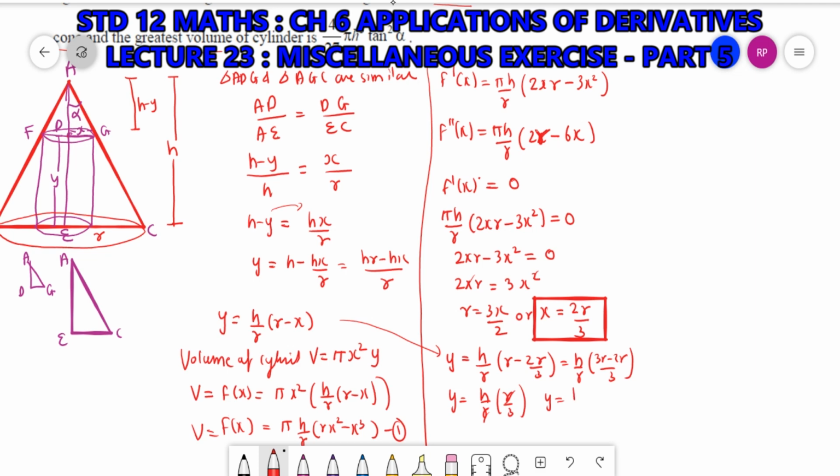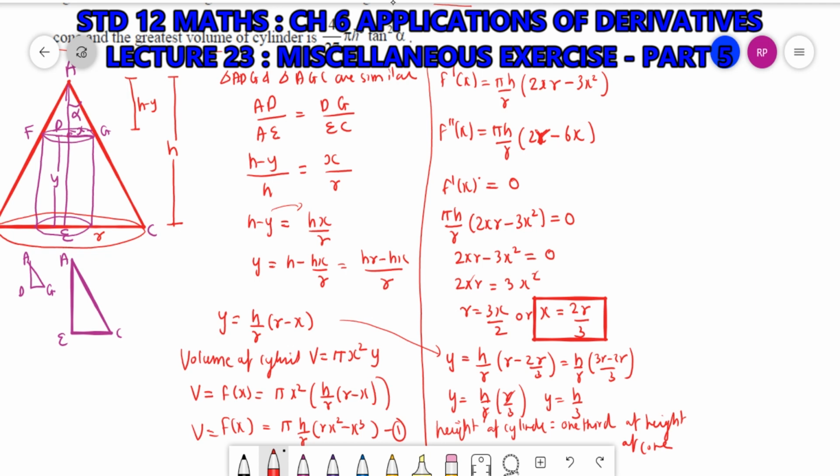Y is equal to h by 3. So height of cylinder is equal to 1/3 of height of cone. So we have proved the first part.